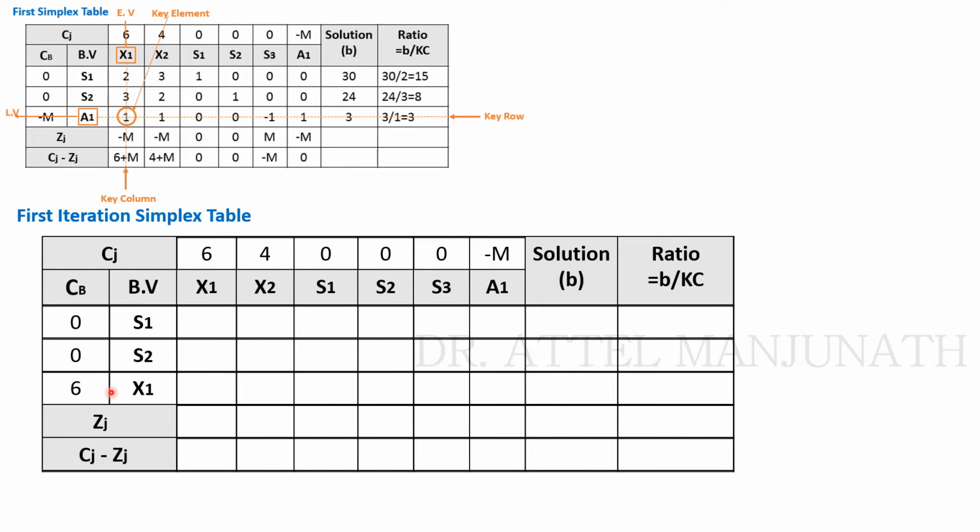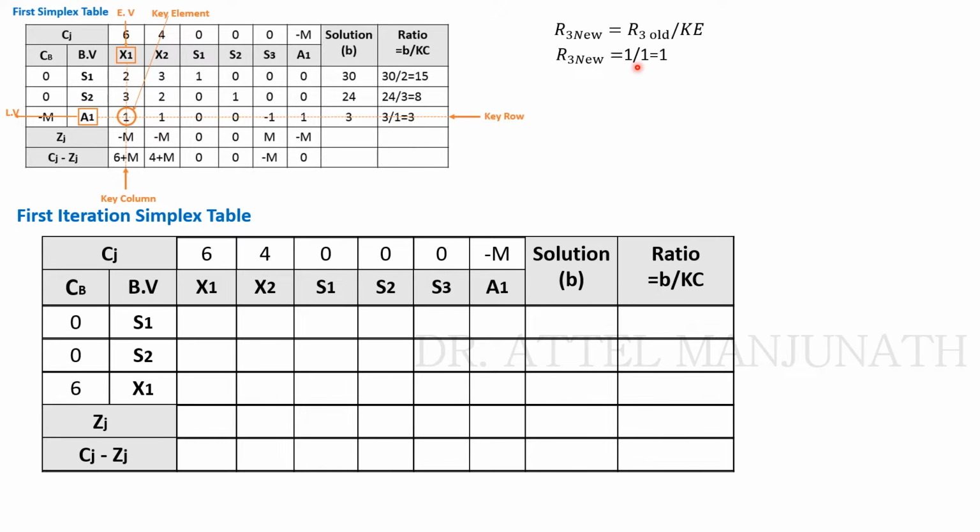Now as we need to write the coefficients for the third row, we need to convert the key element to 1, and we take the same conversion factor for converting the values in the same row. So R3 is equal to R3 old divided by the key element.